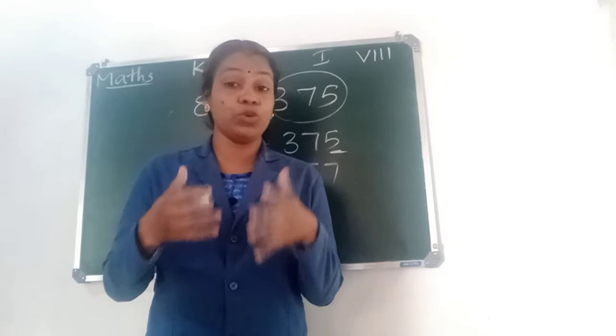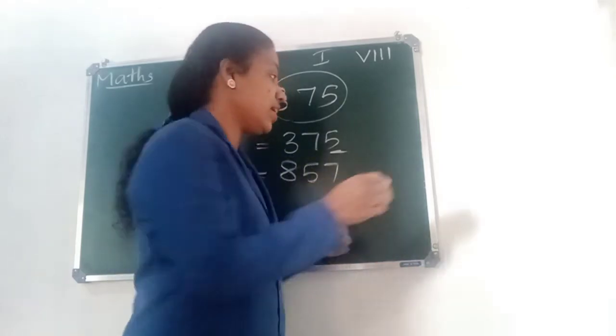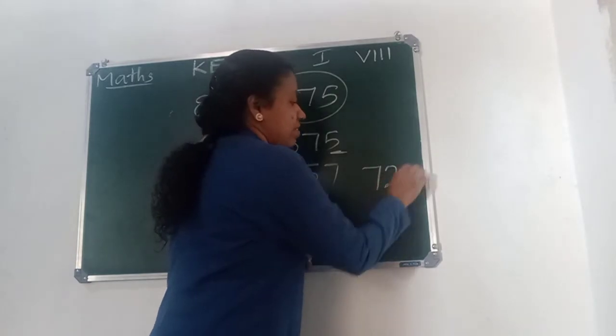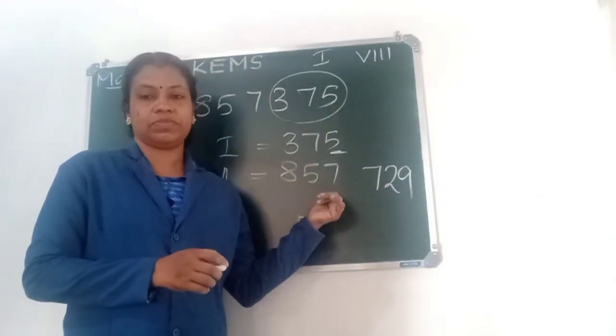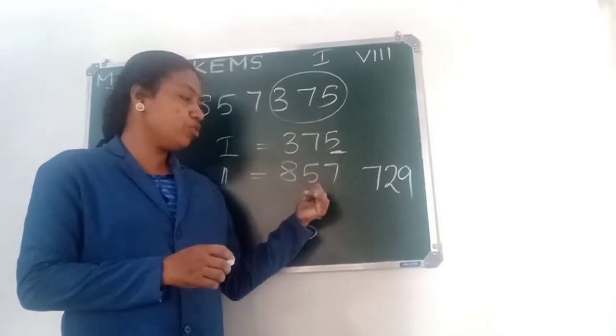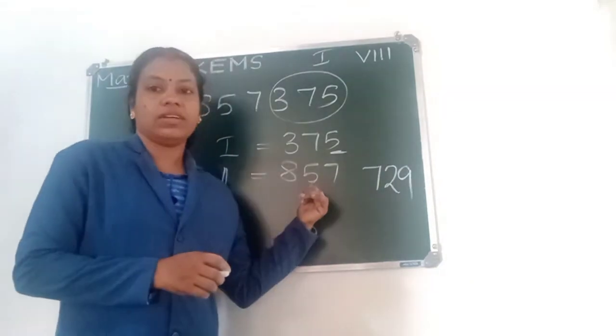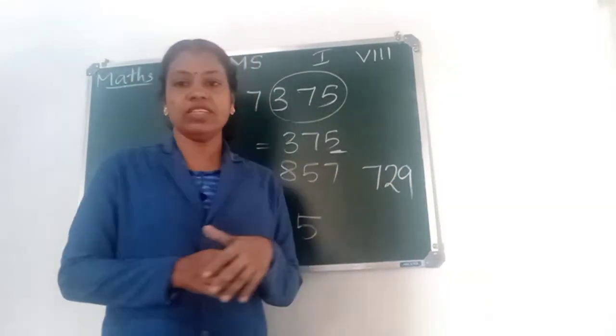Not cube root, cube number. Yes, it is 729. 729 is the nearest cube number of 857. Clear?